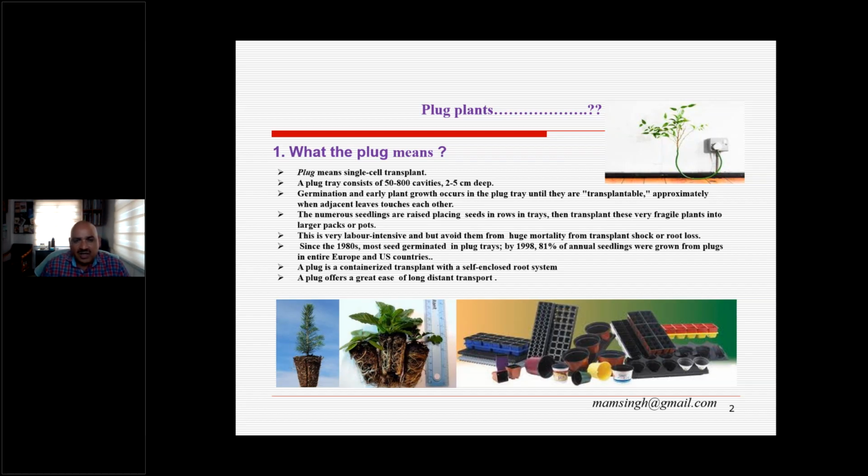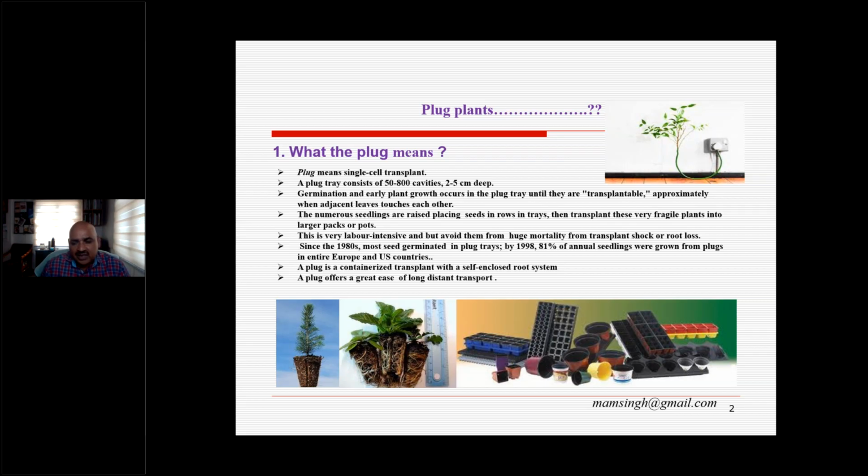Even if the plug is regenerated by vegetative shoots, vegetative cuttings, or vegetative parts of the plant like leaf, root cuttings or root tips, the plant may take more time, but it will also be ready for the transplantable stage. This would also be called a plug.